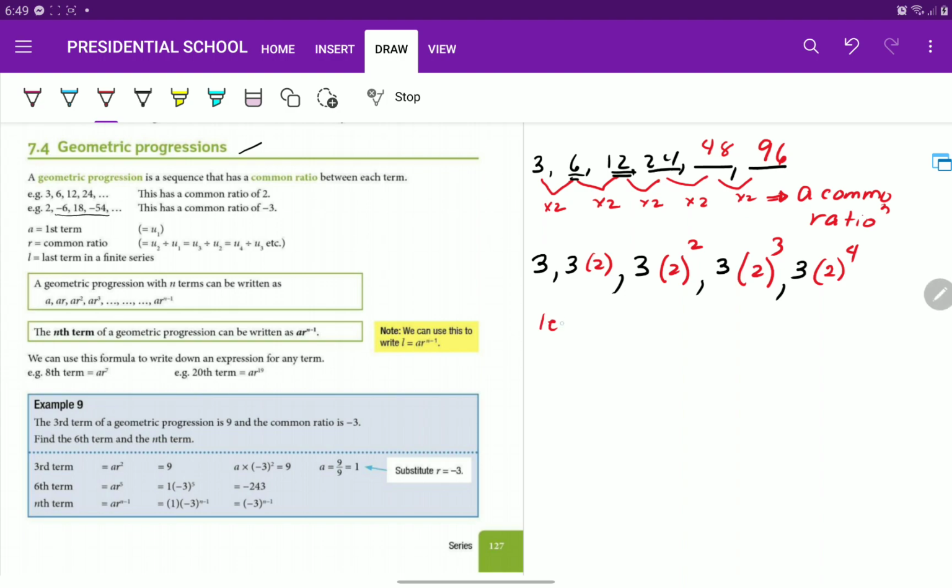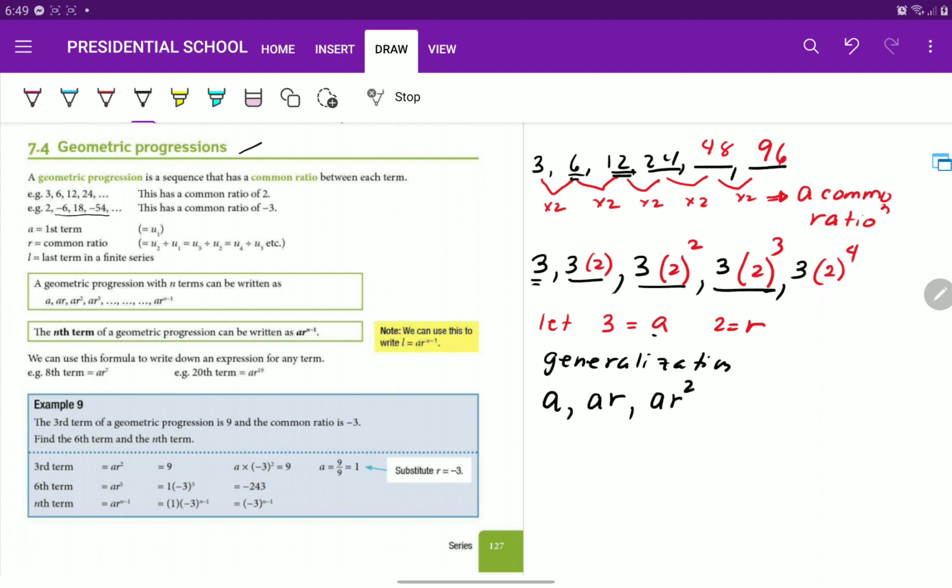Let's say we let 3 be equal to A, and let 2 be equal to R. So we can get a generalization: the first term is A. The second term is A times R. The third term is A times R squared.